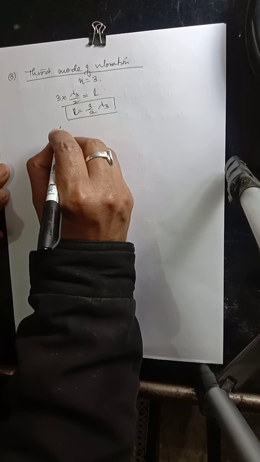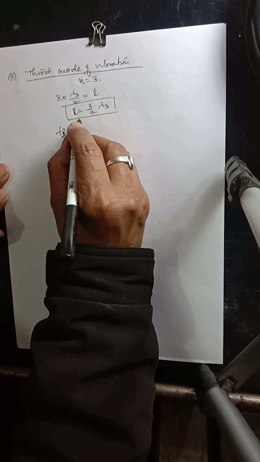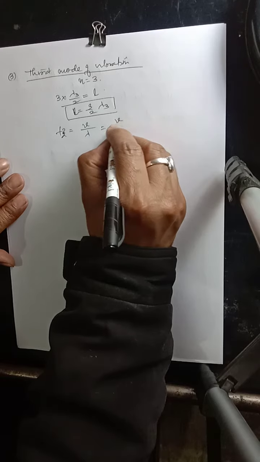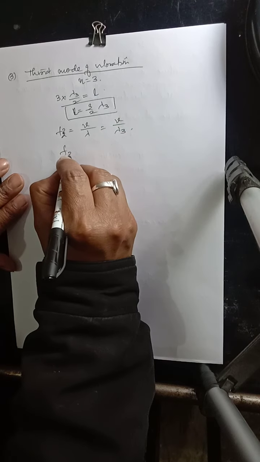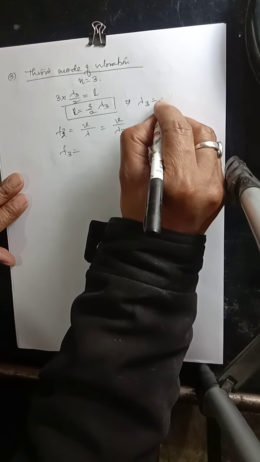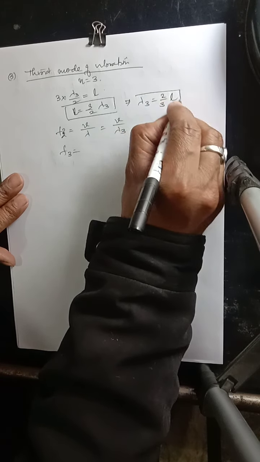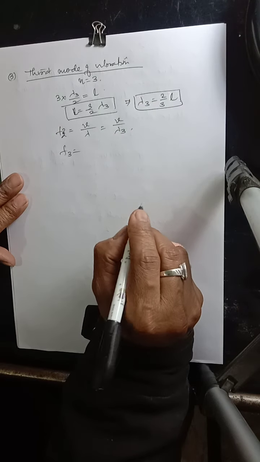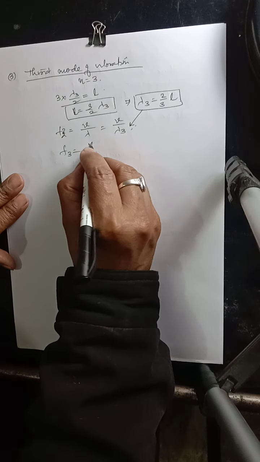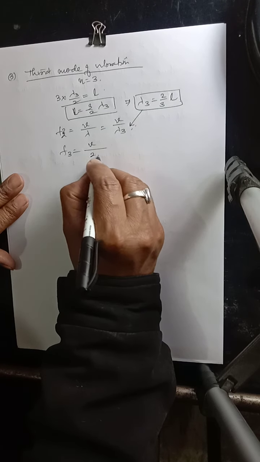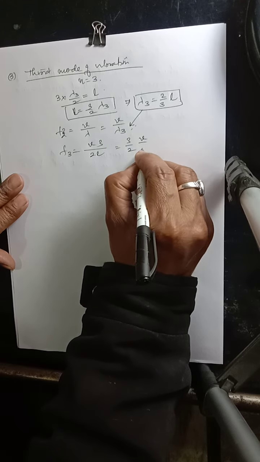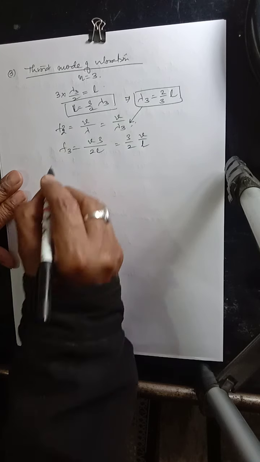The frequency F3 is V by lambda 3. Lambda 3 is equal to 2 by 3 of L. Putting this value, it is V upon 2L into 3, or 3 by 2 of V by L.